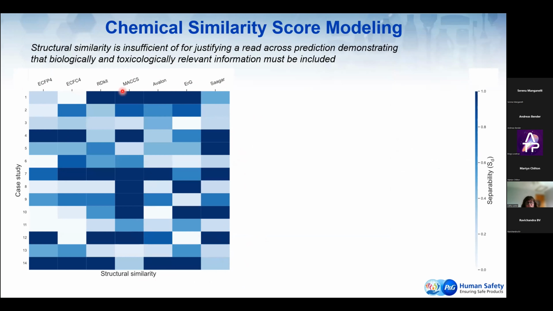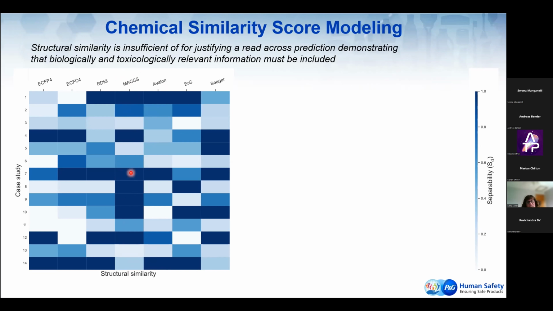And you see that for none of these fingerprints can we distinguish the suitable from the not suitable for all 14 case study chemicals. We see that the MACCS fingerprints, the open source MACCS structural fingerprints, the fragments, I think there are 166 of those fragments, seem to perform the best.